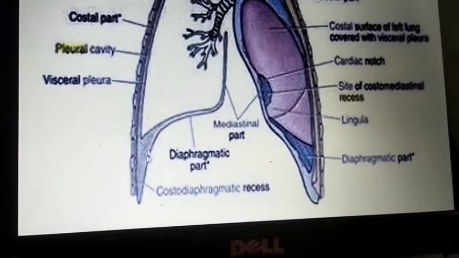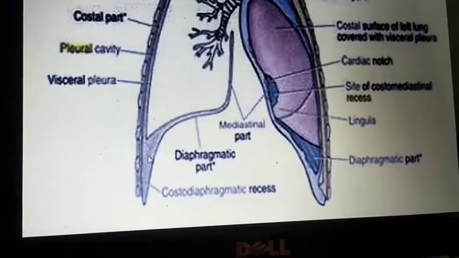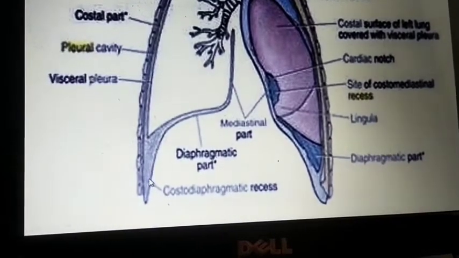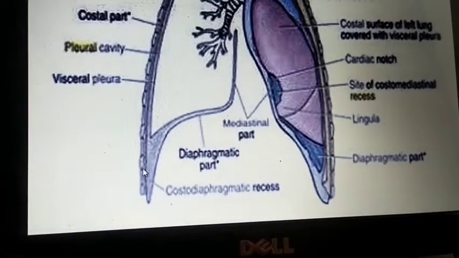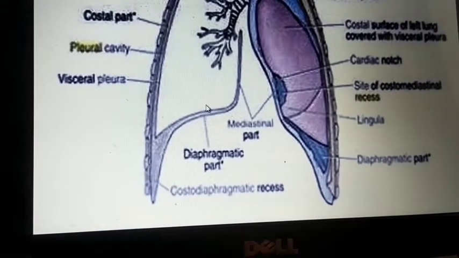This gap you can see here is called the costodiaphragmatic recess. Costo means costal cartilages or ribs, and diaphragm is the diaphragm.